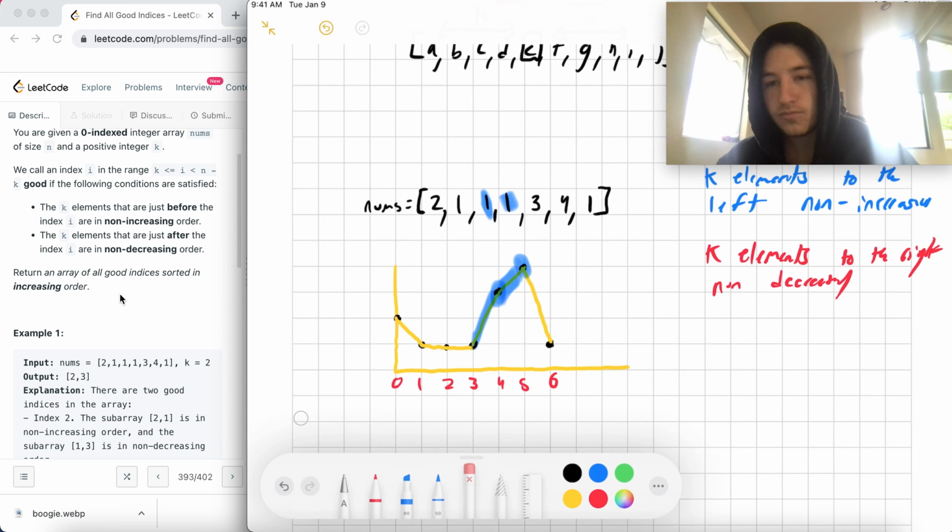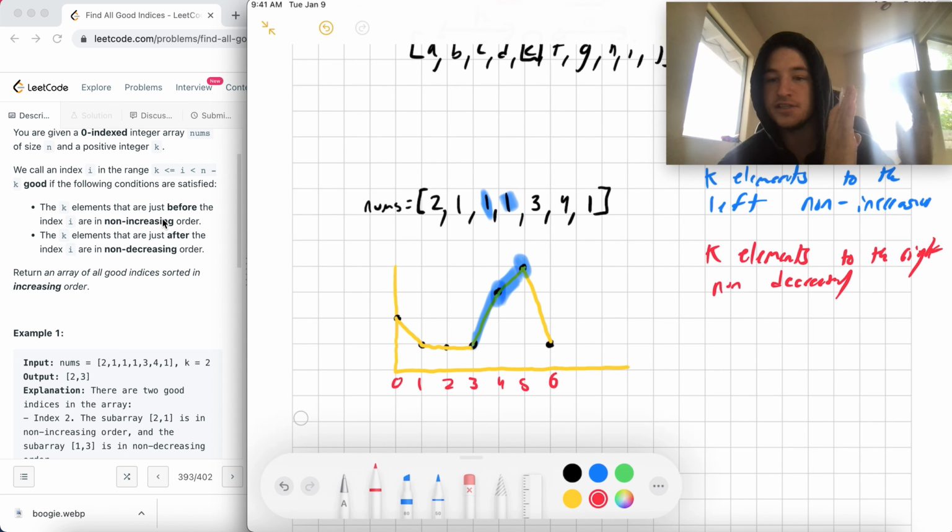Well, for every element, we just need to know if the previous k elements were increasing, or if the previous k elements are non-increasing, sorry. For any element, we just need to know information about the previous k elements. So is there a way that we can save that information without having to recalculate it over and over again?